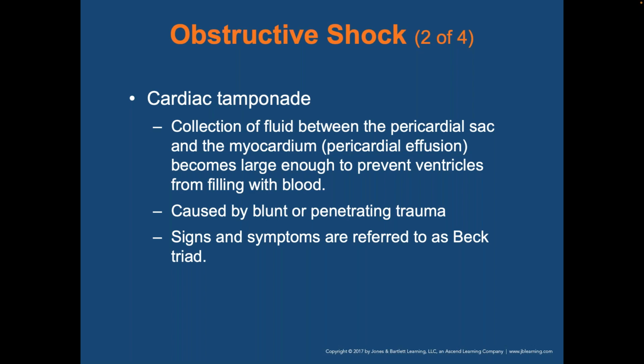Cardiac tamponade occurs when blood leaks into the space between the tough fibrous membrane known as the pericardium and the outer walls of the heart in the area called the pericardial sac. As more blood and fluid accumulate in this confined space, the outer walls of the heart become compressed, right? And there are three things you look for to be able to determine cardiac tamponade.